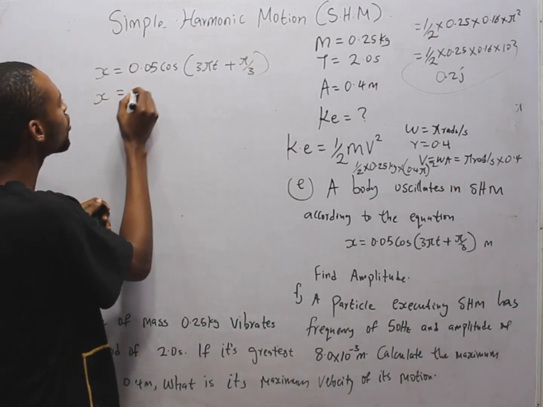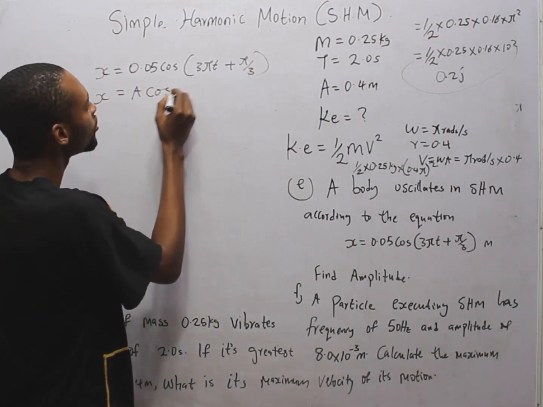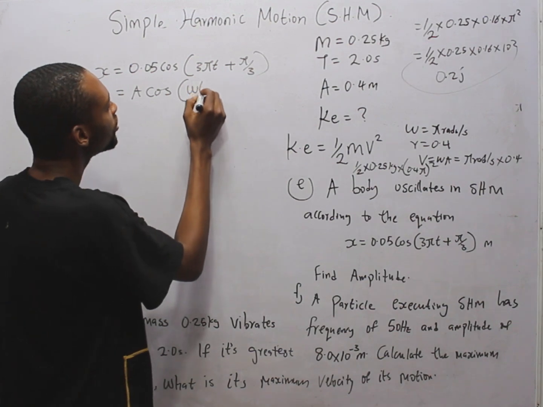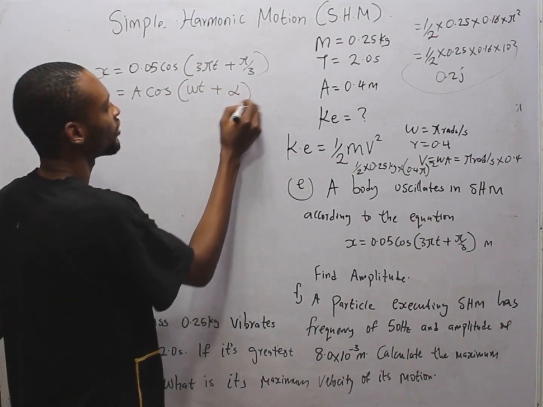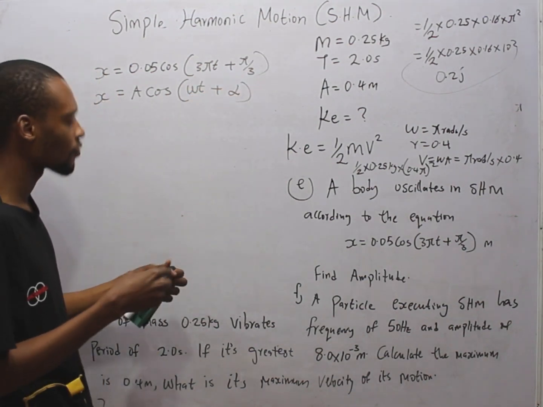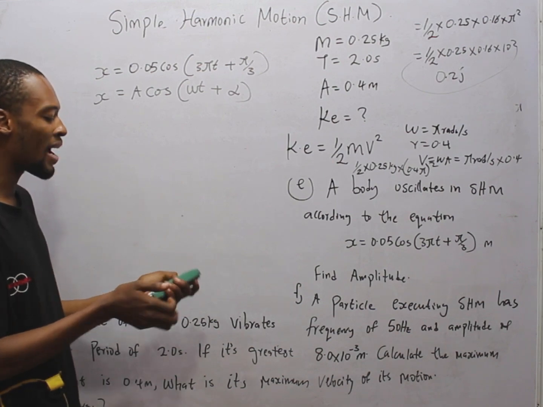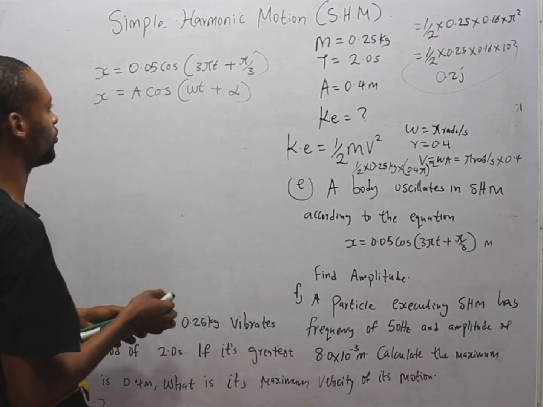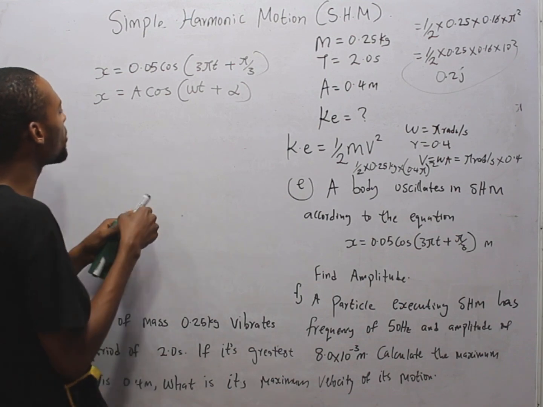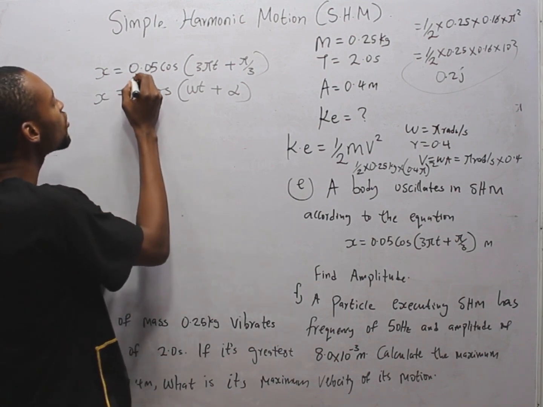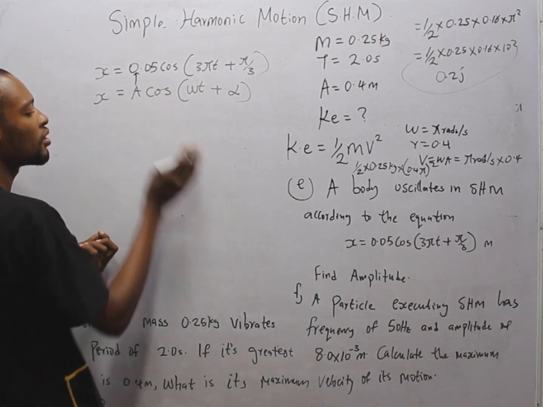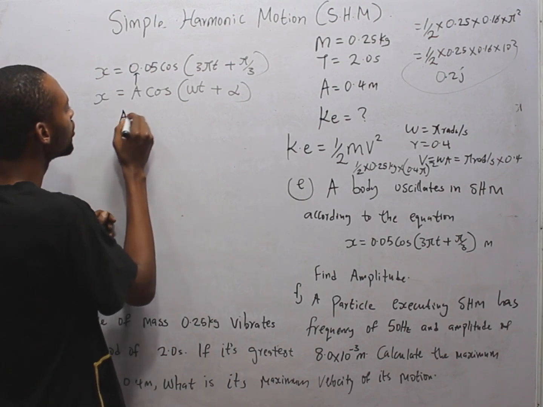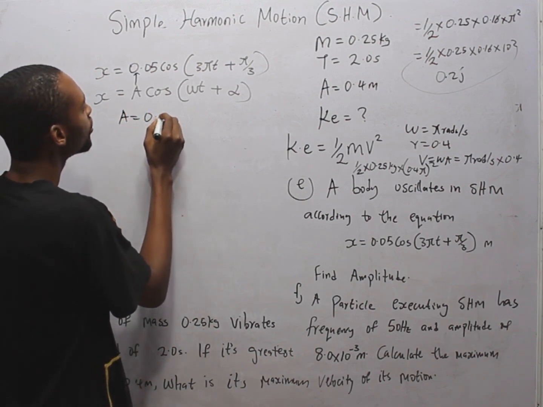Displacement is equal to A cos(Wt plus alpha), right? If yes, by comparing, A is simply equal to 0.05. So amplitude A is equal to 0.05.